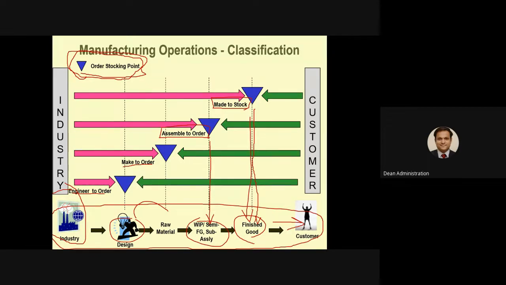They will go ahead and assemble the product for you and then ship it. This is called assemble to order. So this type of product has a little more customizability than what is possible in made to stock products.